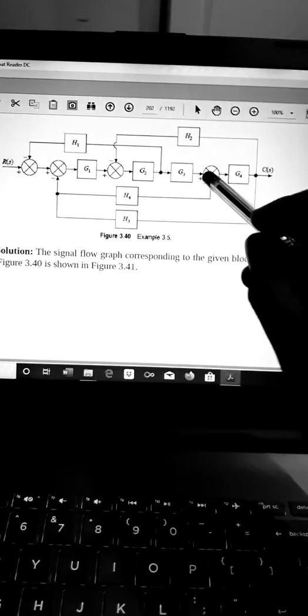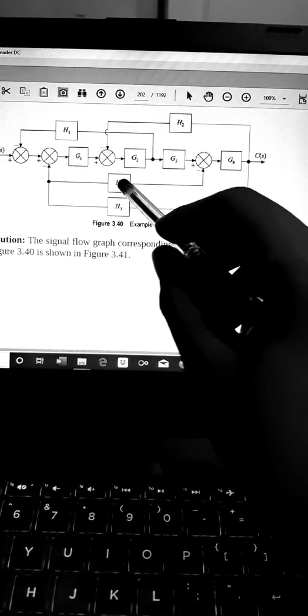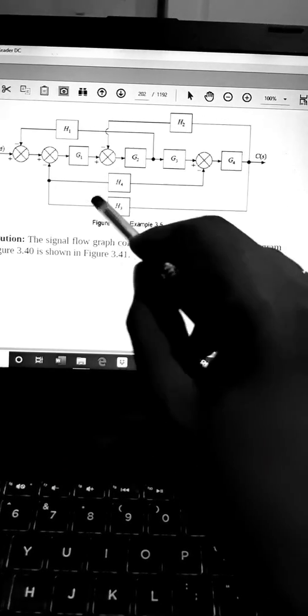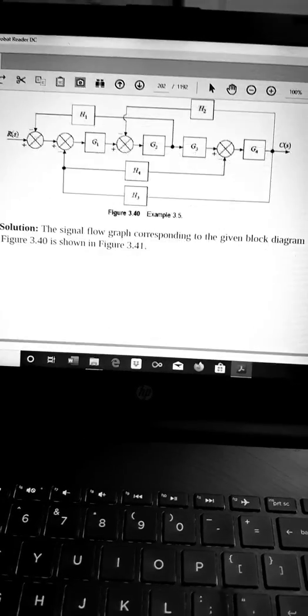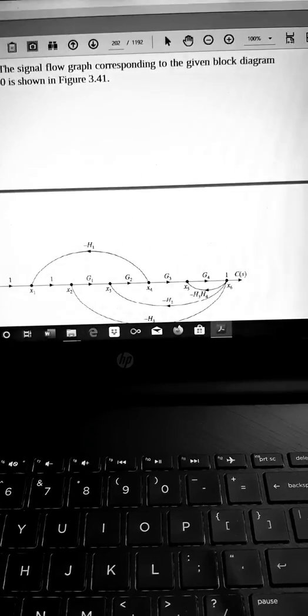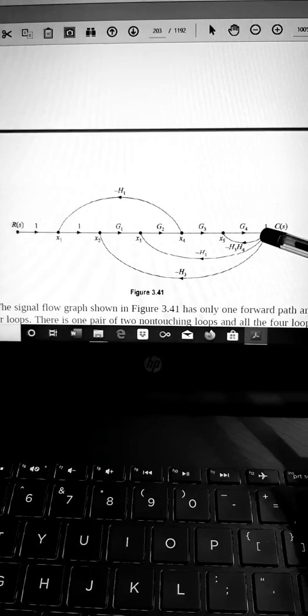That means the signal reaching here is passing through H3 and H4. When the signal is going in this direction, it is passing through H3 only. So the corresponding signal flow graph, when you are converting it, is easy, I feel. So it just looks like that.